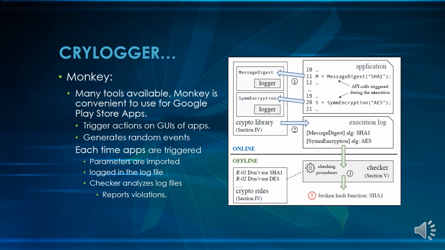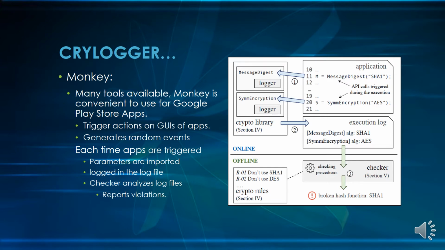Different tools are available for collecting information, but in this paper a tool named Monkey is used, which is very convenient and efficient for Google Play Store applications. This application triggers actions on the graphical user interface of an application and generates random events.